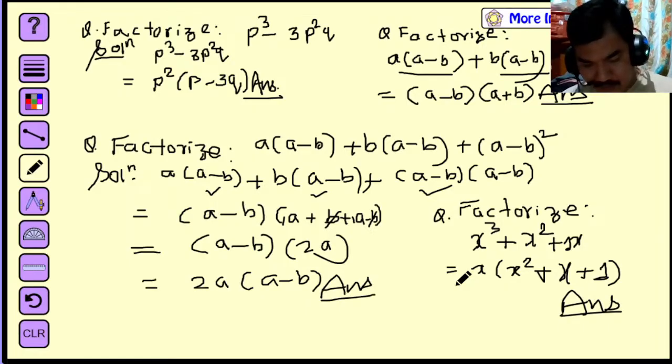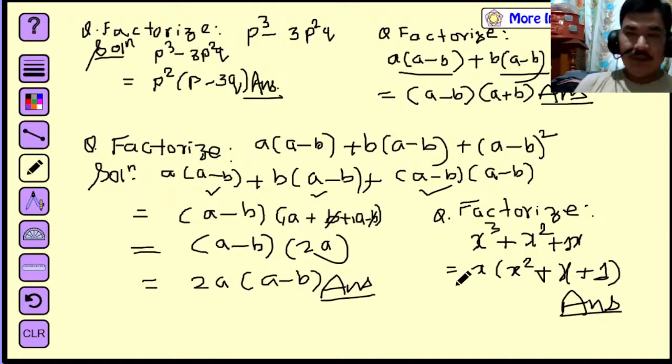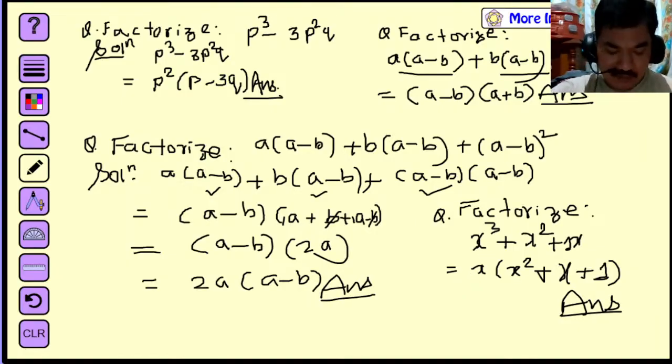Hello, Amog. I hope till here you understood how to factorize by taking common.